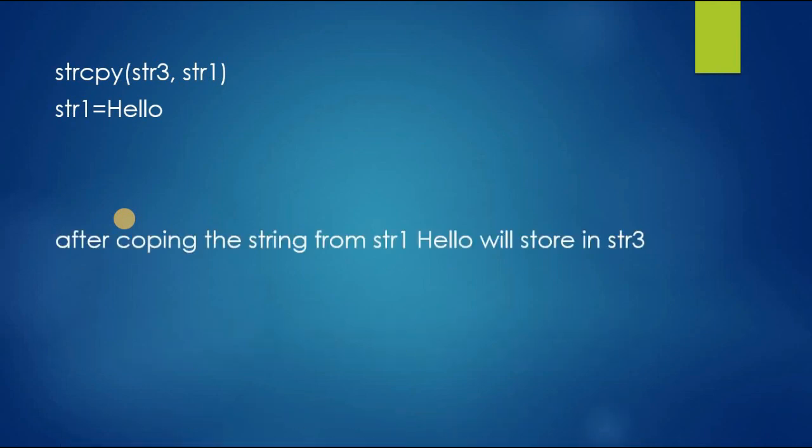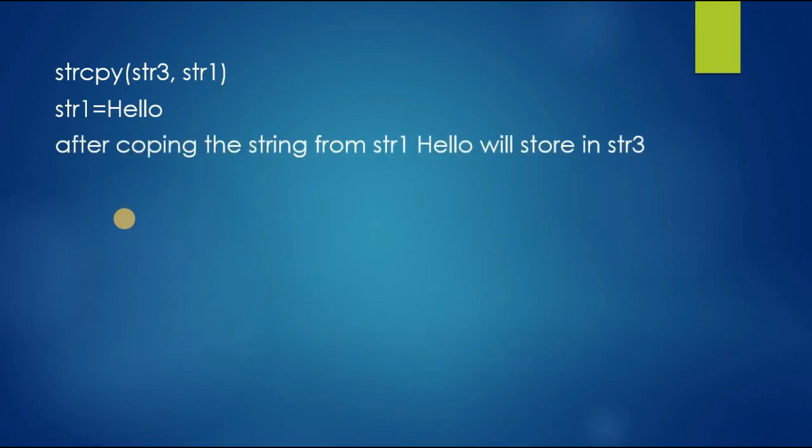First we used the copy function. Here str1 is equal to hello. After copying the string from str1, that is hello, it will be stored in str3. So we got the output for str3 as hello.